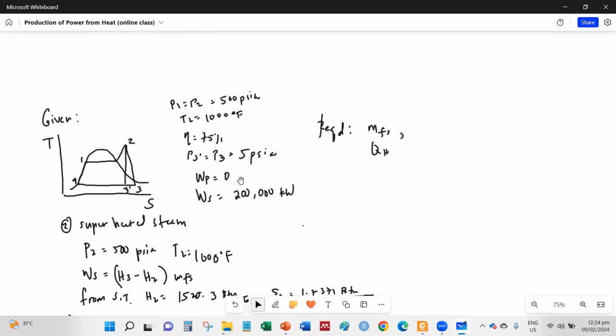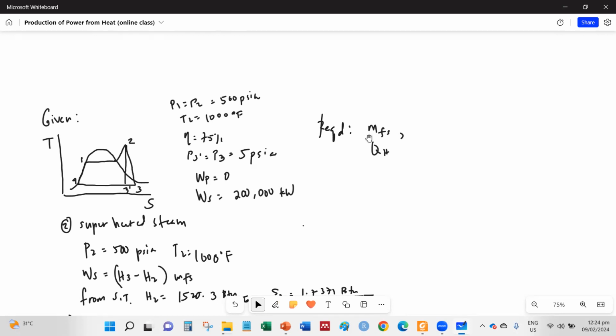The work required by the pump is negligible. We're also given the work generated by the turbine. What is required from us is the mass of flowing stream and the heat absorbed in the boiler.